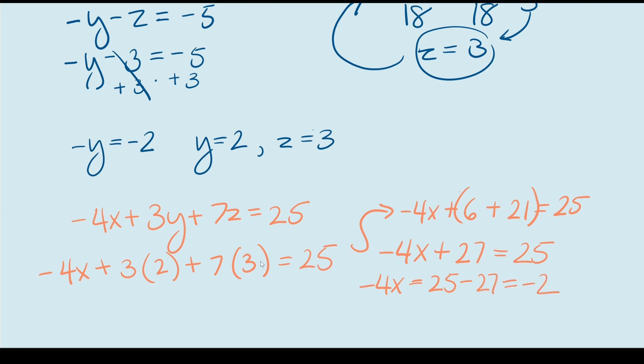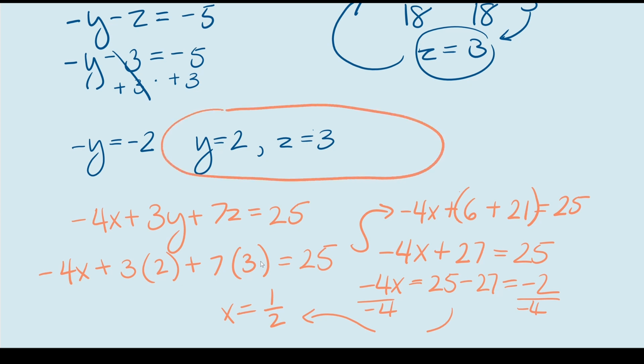And if we divide both sides by negative 4, x equals 1/2, because the 2 over 4 simplifies to 1 over 2. So now I have x equals 1/2, y equals 2, and z equals 3.